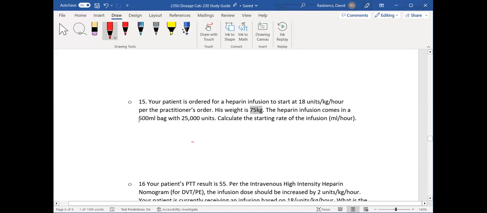The infusion bag is just a little bit different, 500 milliliters, 25,000 units, but it still wants to give us the milliliters per hour. So just so I feel confident, why don't you try and do this one? And when you get an answer, just put it into the chat. Or if you want to privately just say, I don't know, that's fine too.